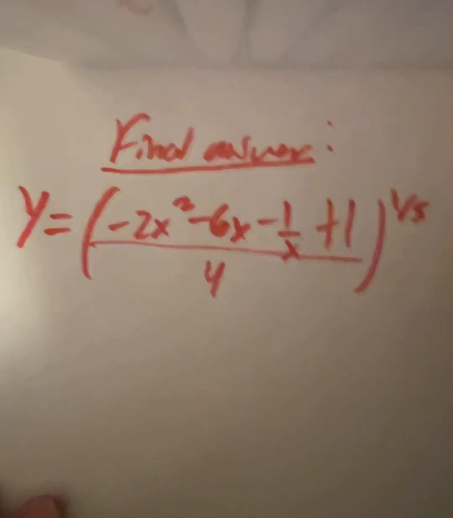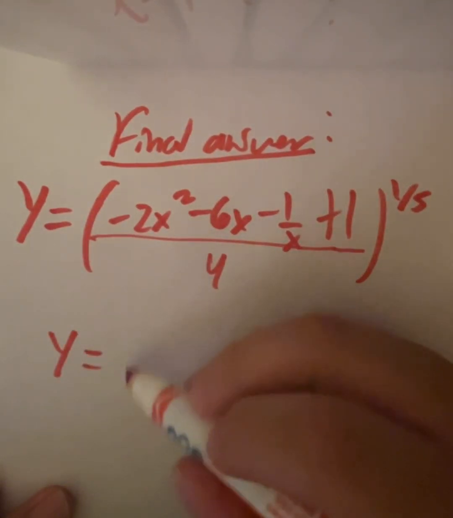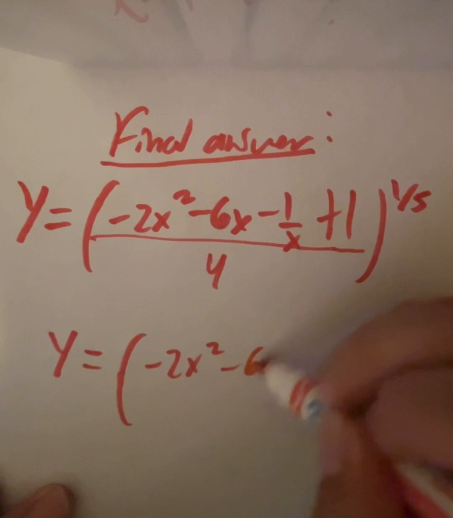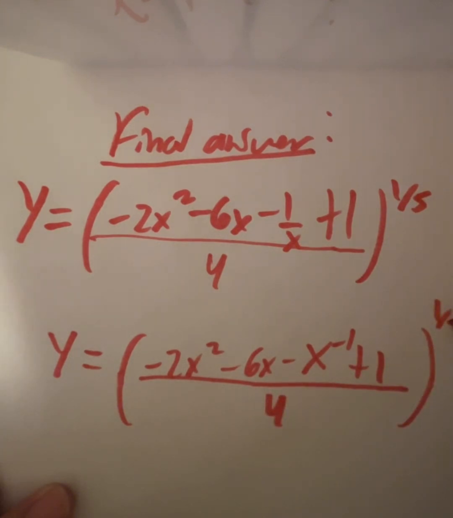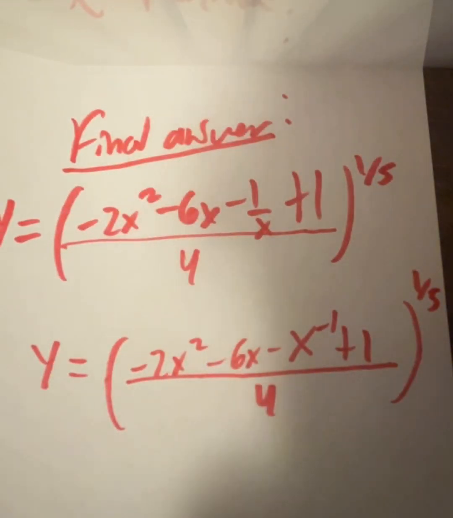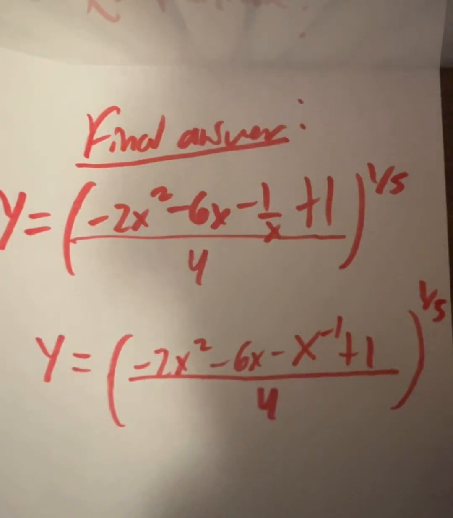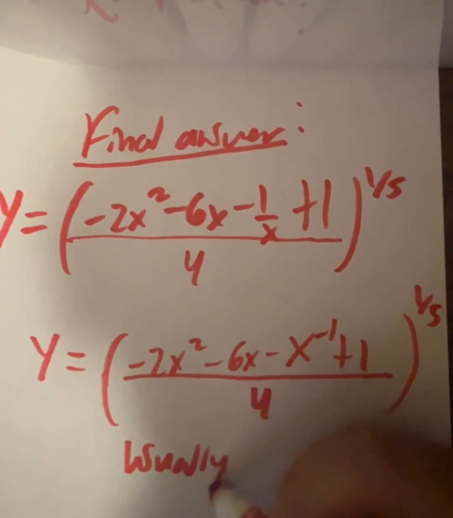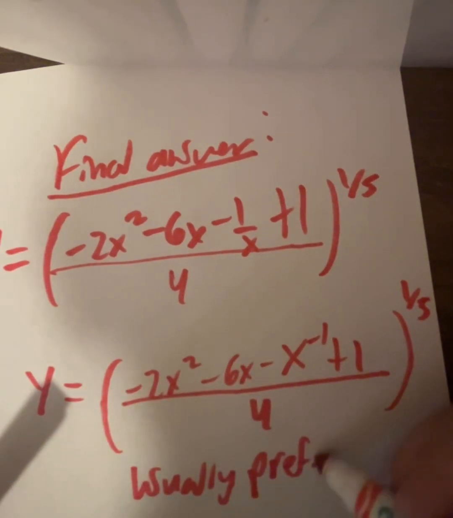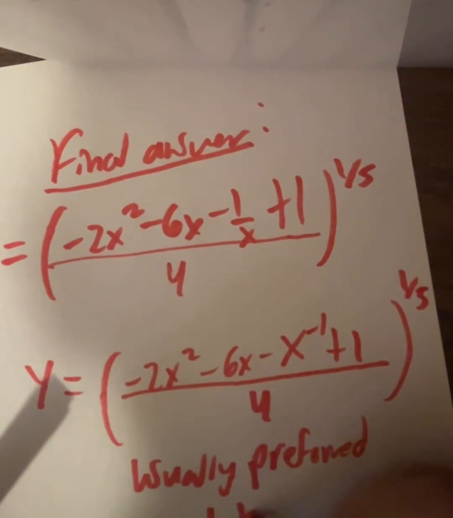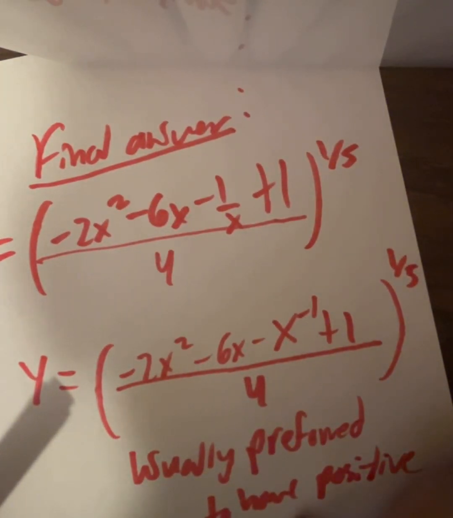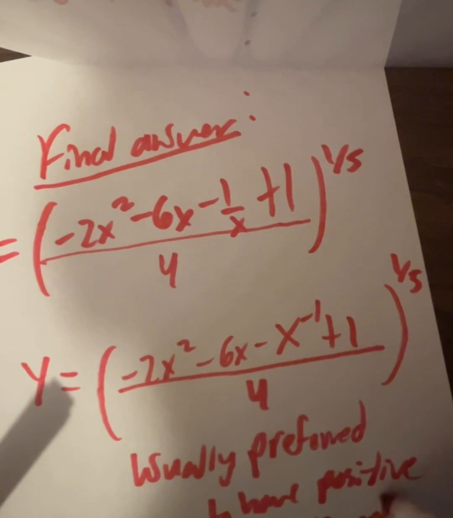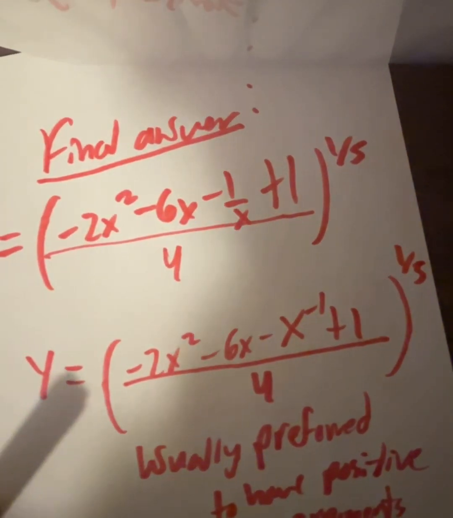I personally wouldn't mind if you keep it like y equals negative 2x squared minus 6x and just leave the negative exponent, but I know it's usually preferred to have positive exponents. That's usually the preference.